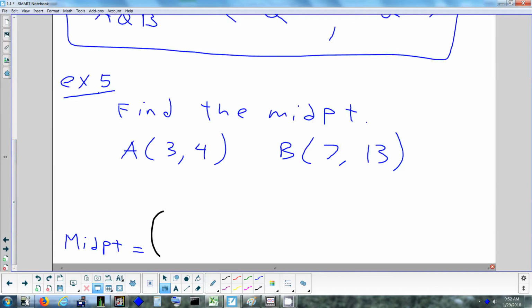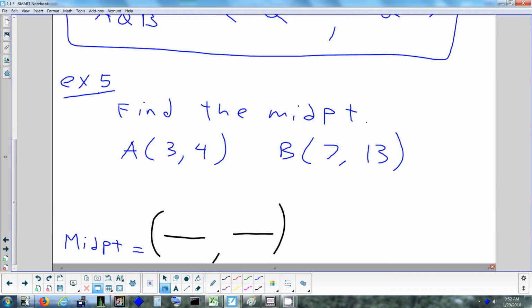Kyle, can you tell me the calculation for my x coordinate in my midpoint? X1 minus X2. Sorry, X2 minus X1, right? So that's if we want to find the distance between them. So when you find a midpoint, what are you really doing?